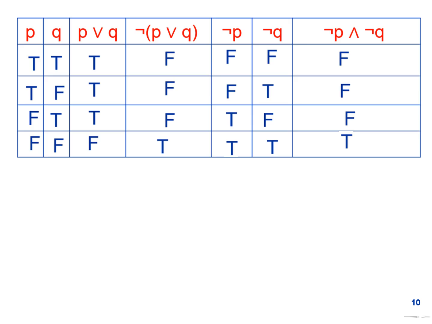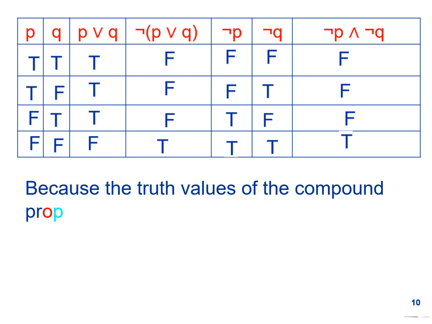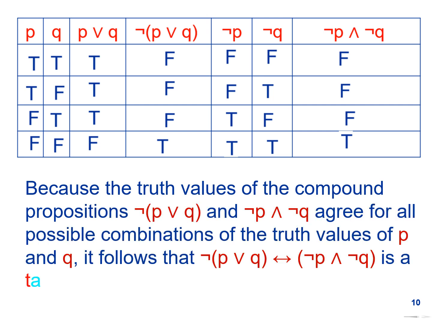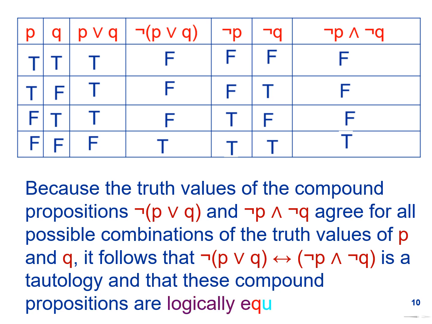Because the truth values of the compound propositions not (P or Q) and not P and not Q agree for all possible combinations of the truth values of P and Q, it follows that not (P or Q) is logically equivalent to not P and not Q.